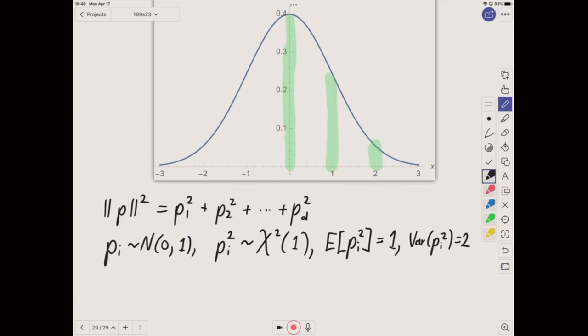All right, so that answers the question for any one of these components. Now we know the distribution of each one. What happens when we add them all together? Recall that when you add together d different random variables that are all independent and identically distributed, you scale their mean by a factor of d, and you scale their variance by a factor of d as well.